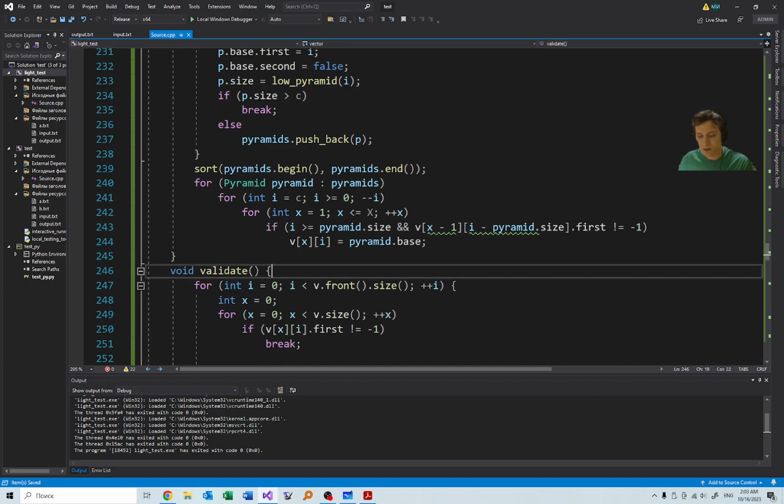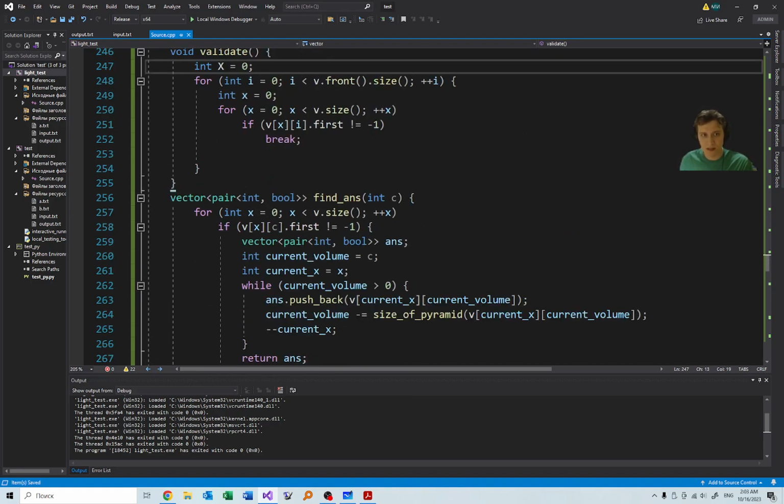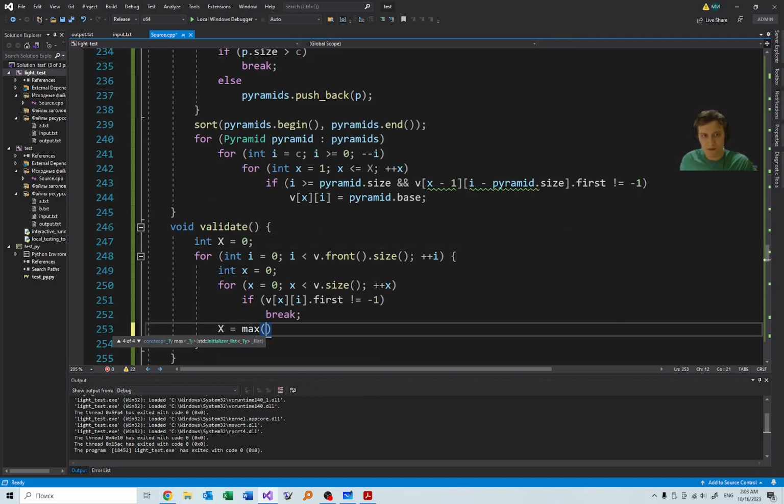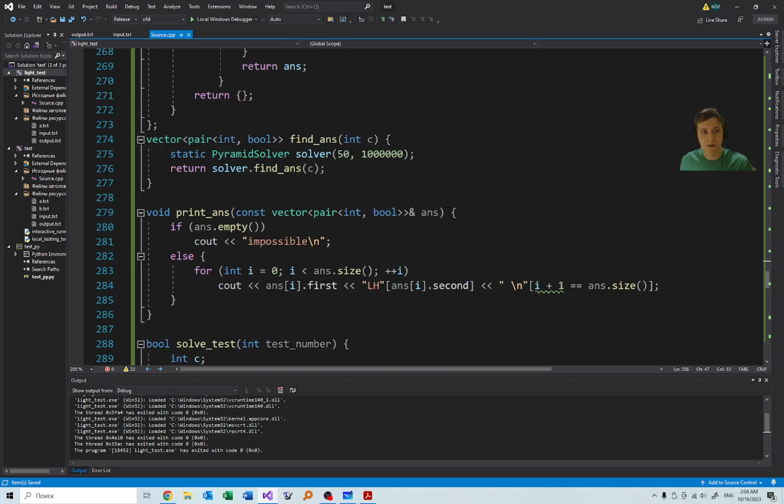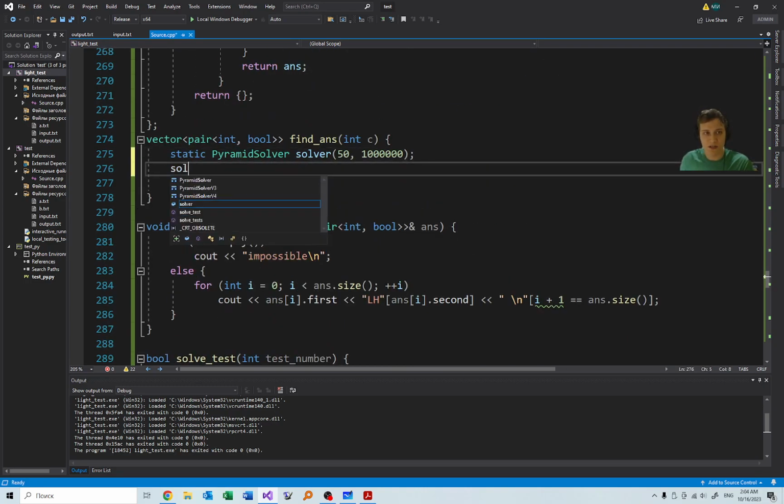And then we want to find some maximum x. Here we say that x is the maximum of x and x, but only if x is not v dot size. And after that, I want to print the result of validation. Let's print it, and we want to look at it, so we actually run the validation here.